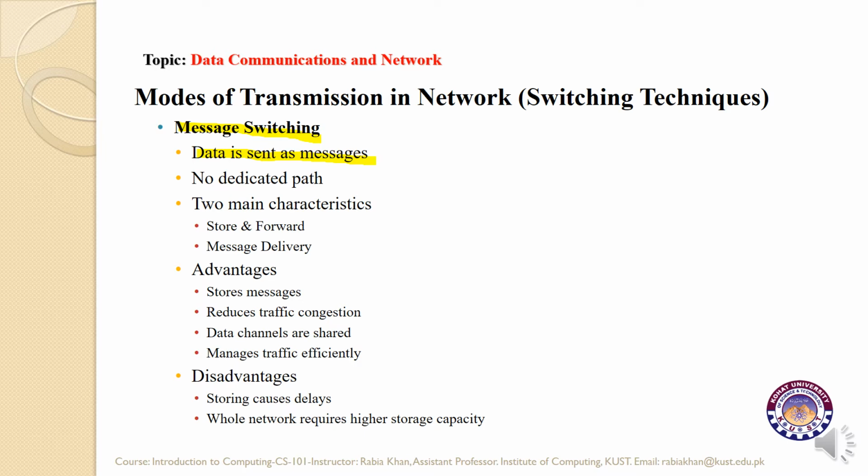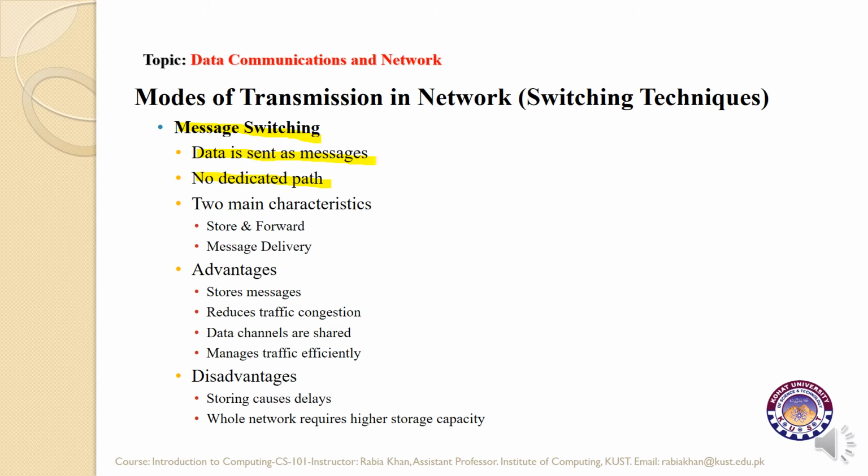So unlike circuit switching, there is no dedicated path established between the sender and the receiver. Hence, the sender and receiver are connected through different intermediate nodes that help to ensure proper data transmission.